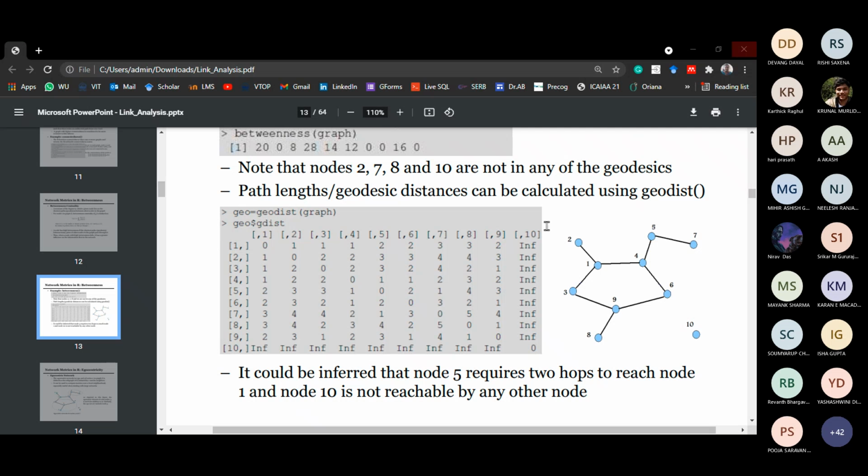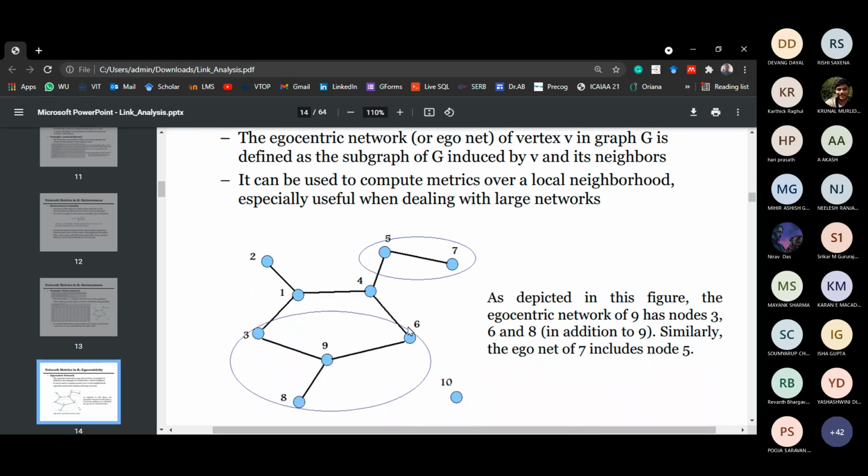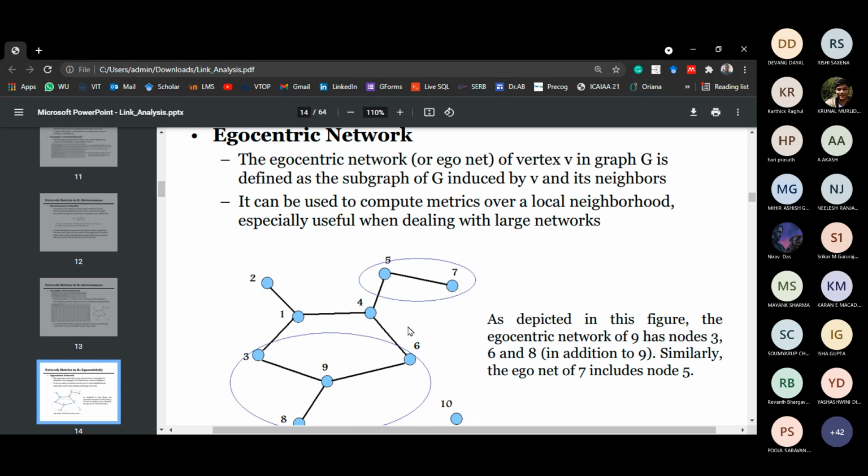The next thing is the egocentric network. When we consider a graph, it will have some set of vertices. An egocentric network is a subgraph of a given graph which has some neighbors. From the main graph, you can find some local subgraph which has some connections and neighborhood.